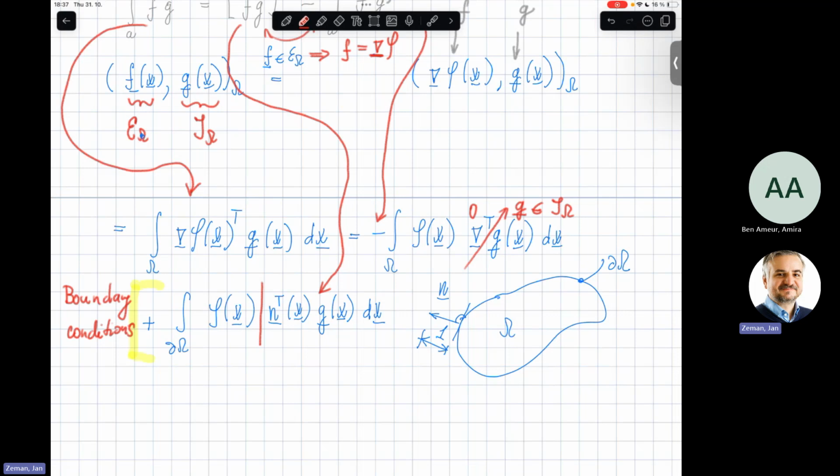of two scalar functions. One is this phi, this potential from which the gradient is derived, and this is n transpose times g. And if you recall what I said, that this is of unit 1, it is nothing else than the normal component, so one value of my function j.